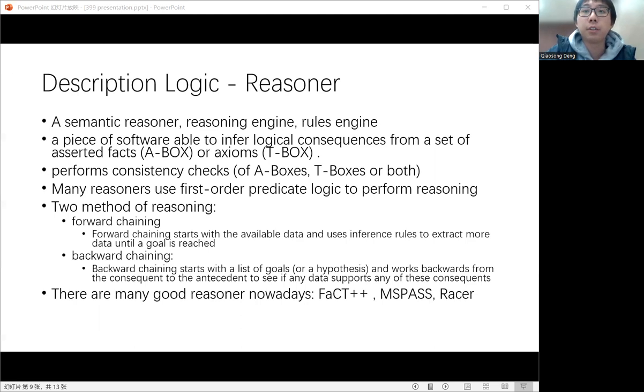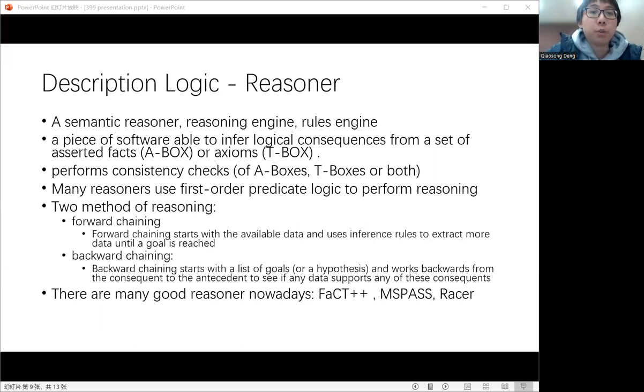A reasoner also does jobs like finding all individuals of a concept and all concepts related to an individual. It can also perform subsumption checking.